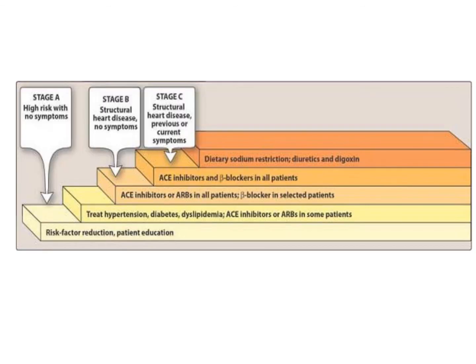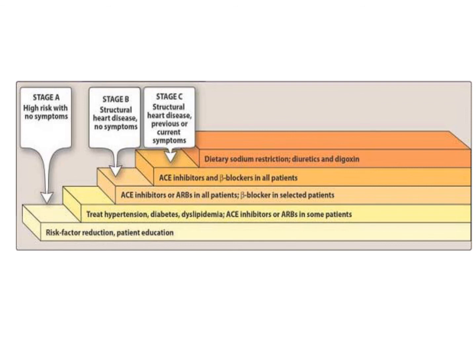This stepwise figure represents the order of therapy also. Stage A is high risk with no symptoms of heart failure, so we have to reduce the risk factors and give patients some education or instructions like sodium restriction and fluid limitation.